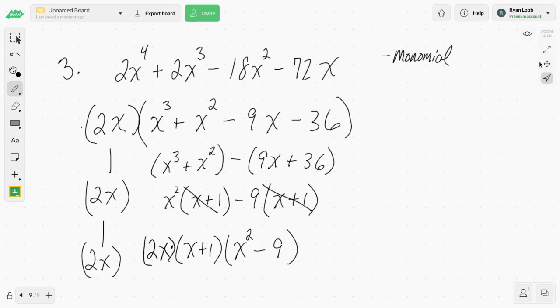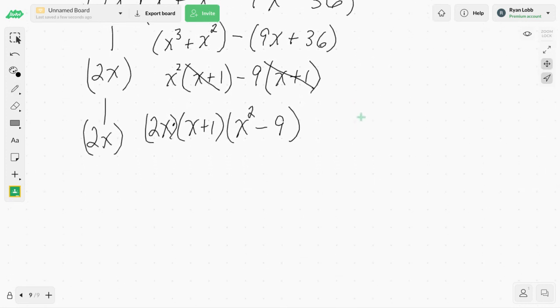And now, like I said, after every factorization, we want to ask ourselves, does 2x factor anymore? No. Does x plus 1 factor anymore? No. How about x squared minus 9? That's a yes. This is a difference of 2 perfect squares. X squared, 9 is 3 squared, difference minus.